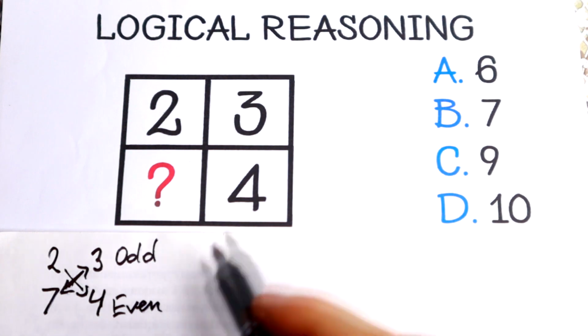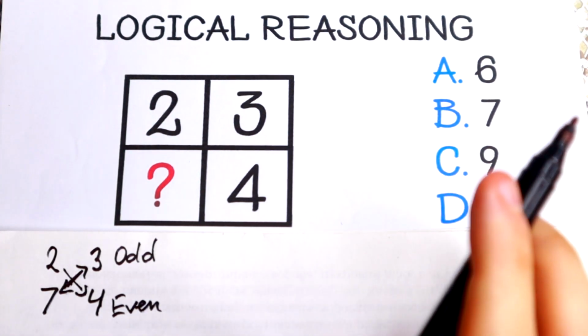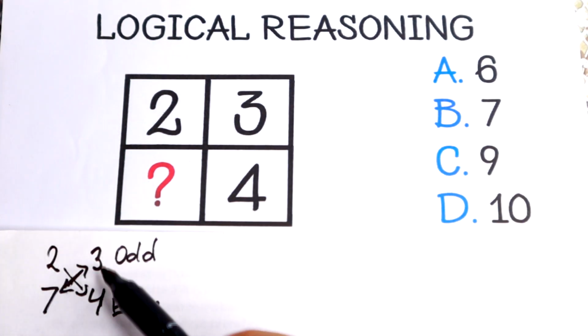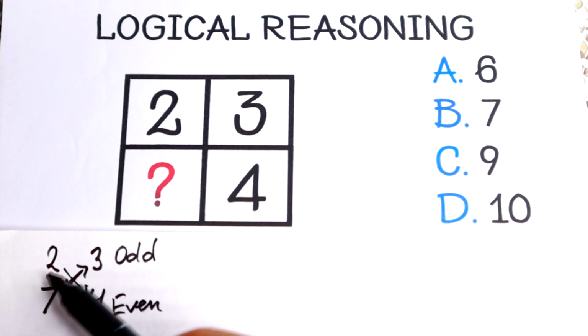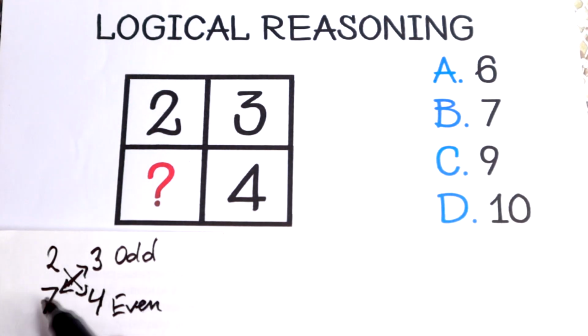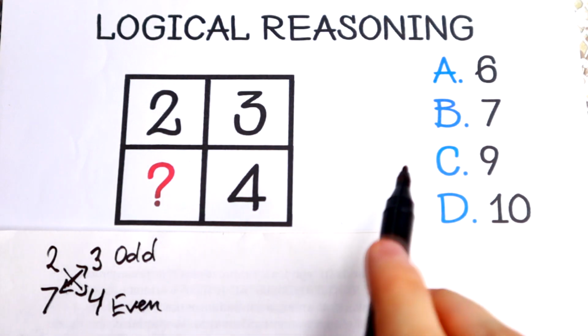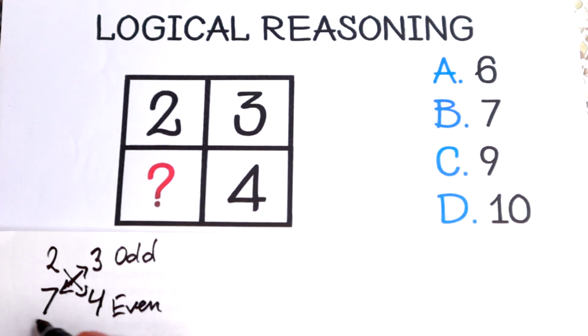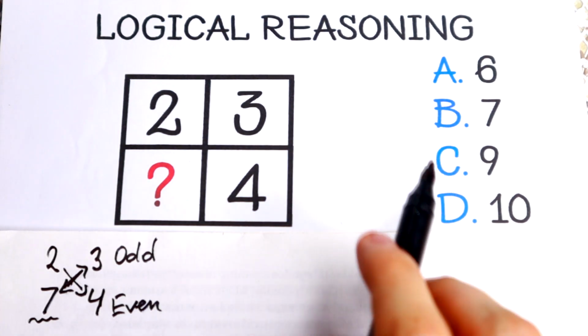That is the one and only pattern I see right now, because if we divide 4 by 3, 4 by 2, 7 by 3, there is no common number in this case. So let's go next. As for me, I reject this 7. There is no solution here. Let's go next. We have 9.